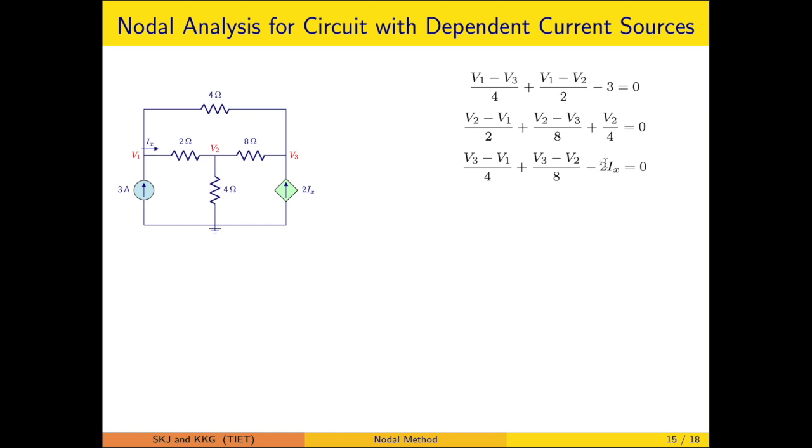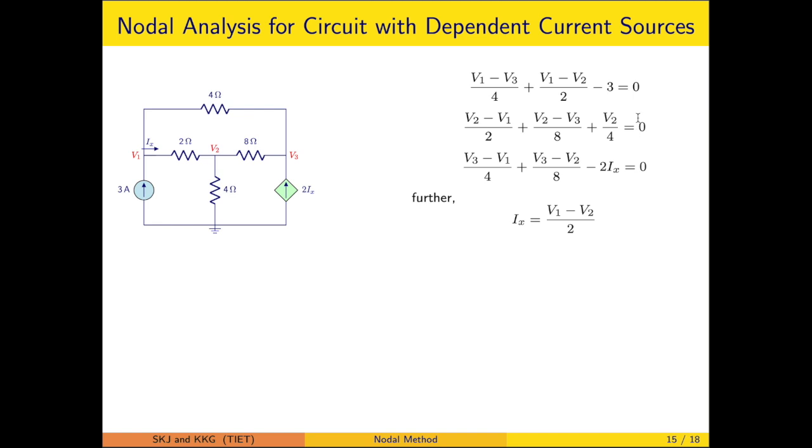So the equation is coming out to be like this. Now there will be a further relation suggesting the dependency of this current Ix on other circuit parameters. In this particular case Ix is V1 minus V2 by 2. So that further relationship is needed.